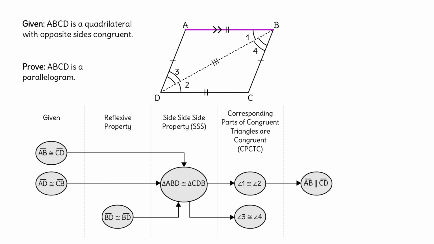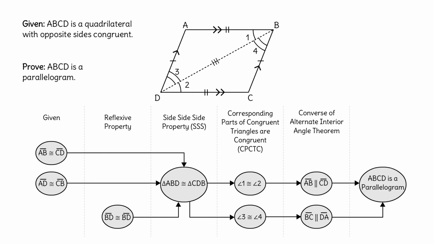Now, AB is parallel to CD, and BC is parallel to DA by the converse of the alternate interior angle theorem. Do we know it's a parallelogram now? Yes. We proved opposite sides are parallel, and that means ABCD is a parallelogram, by the definition of a parallelogram.